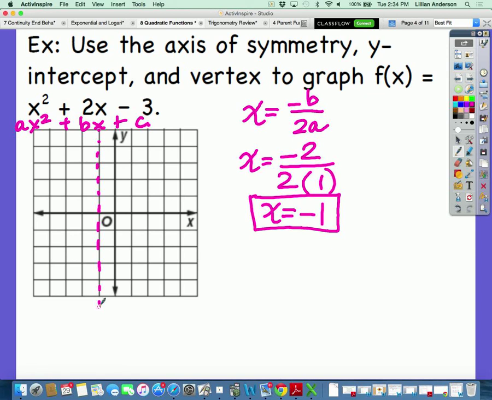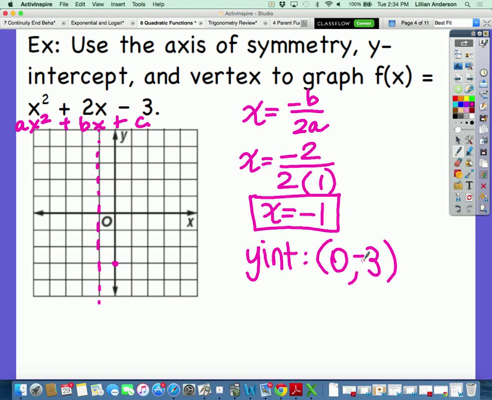X. And find out that my y-intercept is negative 3. So my y-intercept is always written as a point. So it's going to be (0, -3). And again, you get that by plugging in 0 for x. That's how you find the y-intercept.